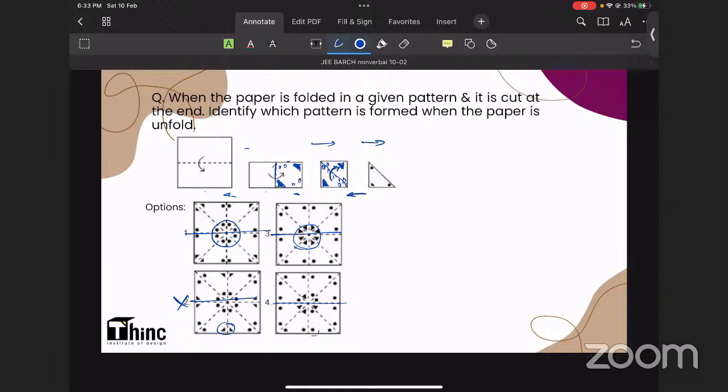So my mirror is over here. Okay, so it has been reflected like this. And one triangle over here will be reflected like this. Over here, we have 2 circles, and those 2 circles will be reflected like this. So at the center, we will be having some sort of circles.